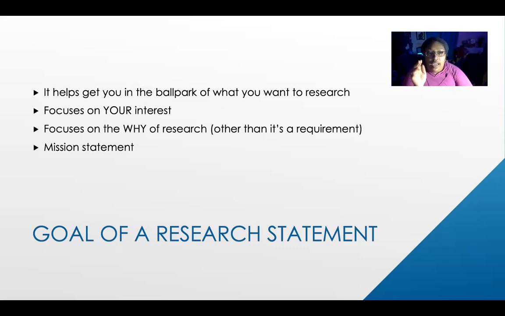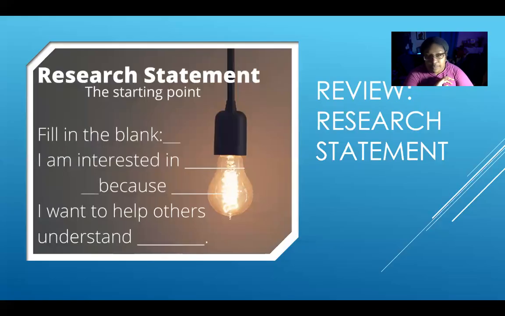It focuses on your interest and it focuses on the why of your research, other than that it's required as a member of the honors college. The fact that it focuses on the why of your research opens it up completely. You may have been very used to just getting a topic and you do research and you slap it on the page and you're done. But the why is as important as the content in that paper.